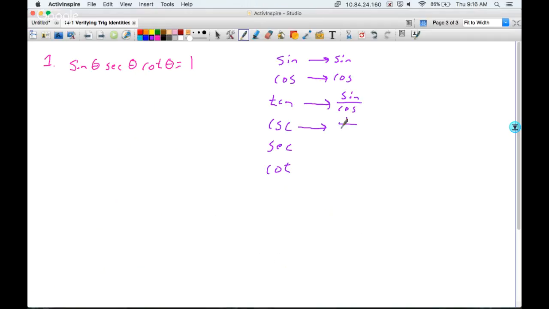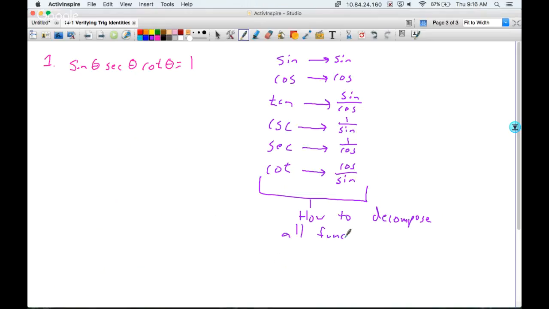Cosecant is 1 over sine, secant is 1 over cosine, and cotangent is cosine over sine. Everything in the right-hand column is just in terms of sine and cosine. So this is how to decompose all functions into sine and cosine.